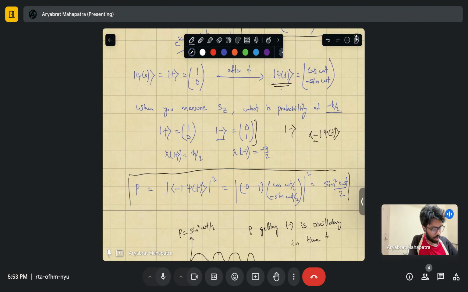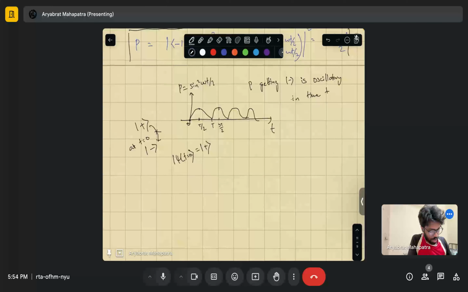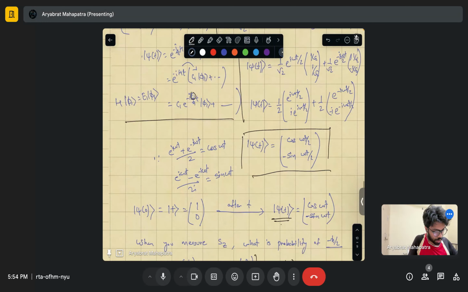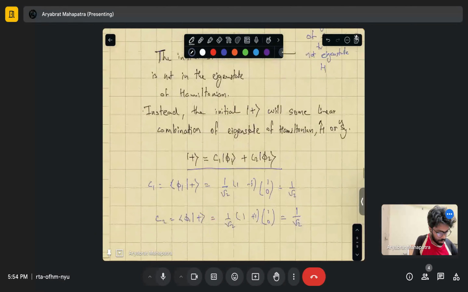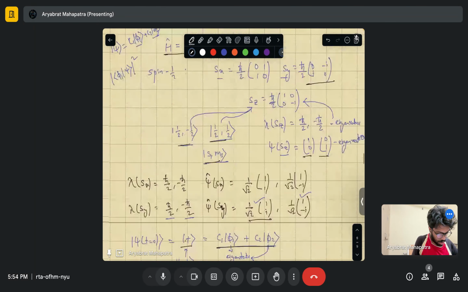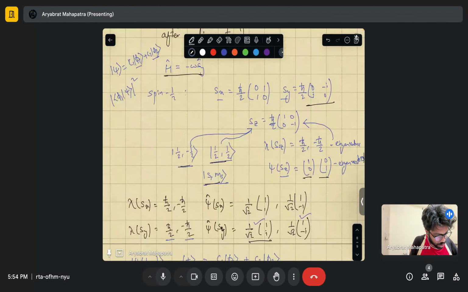Instead, we could have also solved this question like this: we know H equals omega Sy, and if we do not know the eigenstate, Sy, as I showed you earlier, is this matrix.